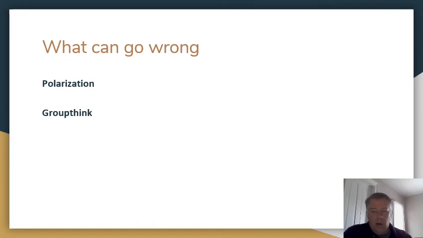That's not good either. You want a healthy mix of agreement and disagreement when you're going through this process. If you have too much disagreement, obviously that can stop things, but if you have too much agreement on everything, your outcome is not going to be as good as it can be.